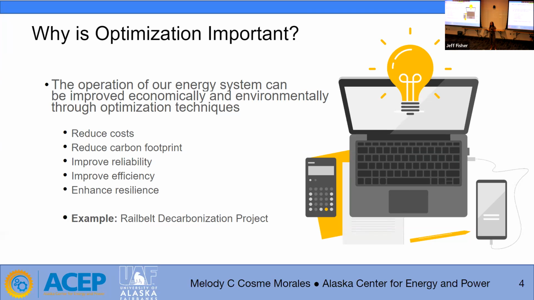With optimization, we can reduce costs, reduce carbon footprint, and improve reliability, efficiency, and resilience. This can be applied to almost any project related to different kinds of energy and technologies. It can be wind, solar, nuclear, almost anything. One example is the Real Build the Car project, but it's not the only thing we can apply it to.